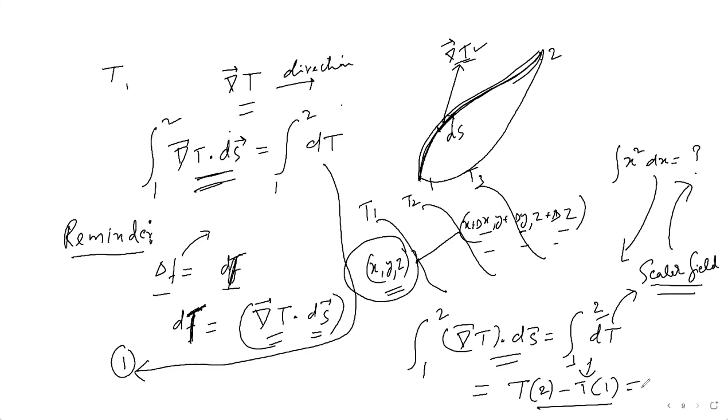So it has to be 0. For a closed curve, this integral will always be 0. It is a very important theorem, asked many times in examinations and competitions, especially for closed curves. For a closed curve this turns out to be 0. But when the curve is not closed, the answer is, of course, T2 minus T1.